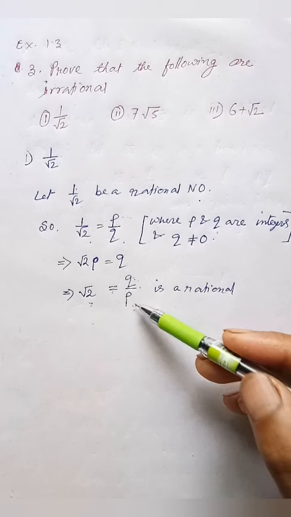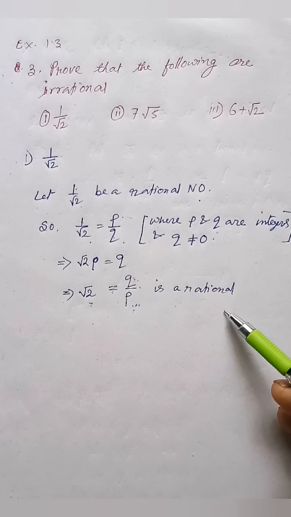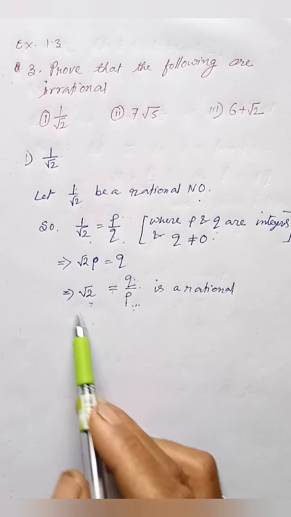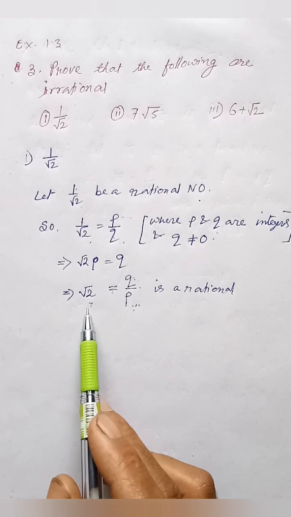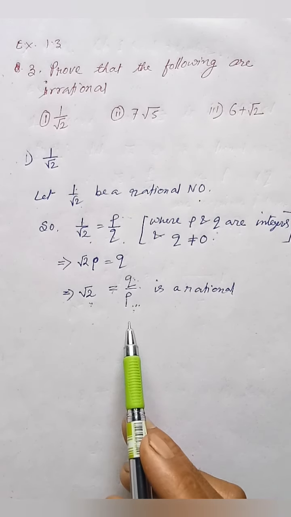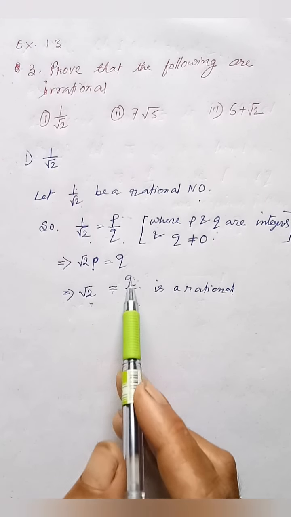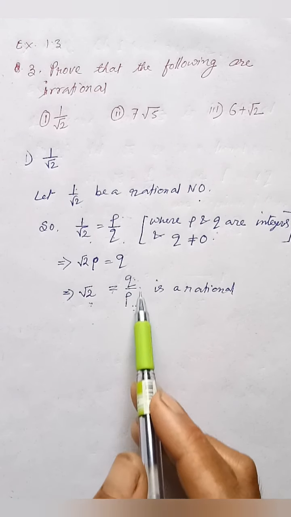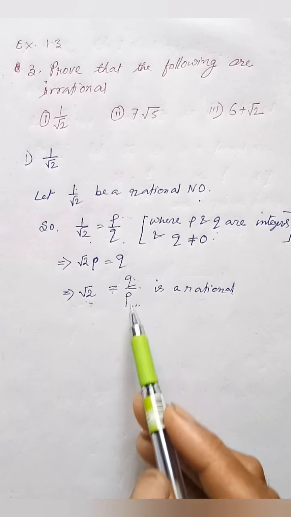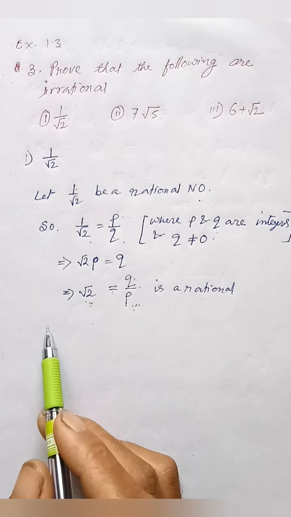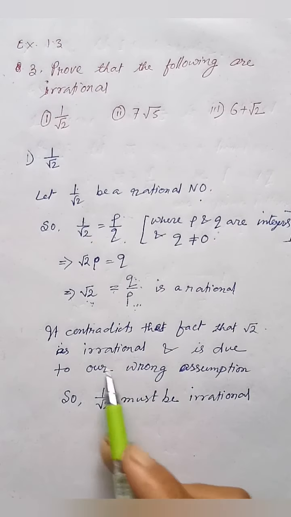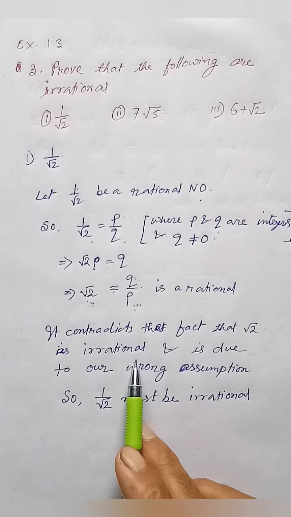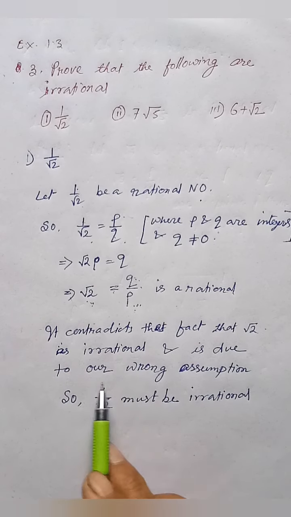Integer by integer is a rational value. So this part contradicts the fact that root 2 is irrational. We know clearly root 2 is irrational, but it is not agreeing here. Root 2 is getting a rational value, so it contradicts that root 2 is irrational, and it is due to our wrong assumption.